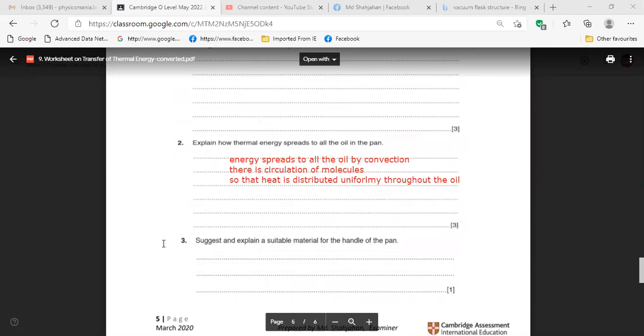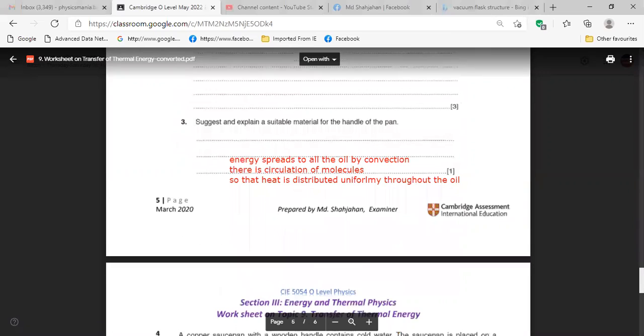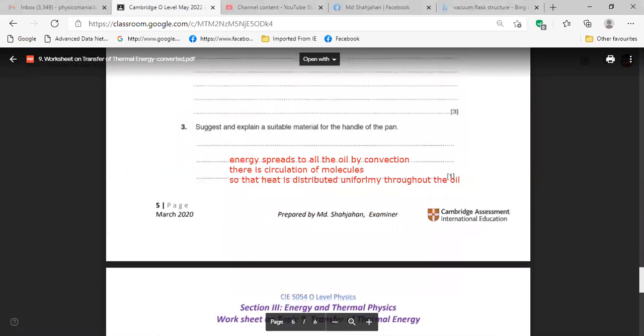Okay, plastic, wood, or cloth covering. Okay, is it clear now? Question number three is done. Yes, sir. Part three also done. Then we check, is there any part left in this question? No. Question three is completely done.